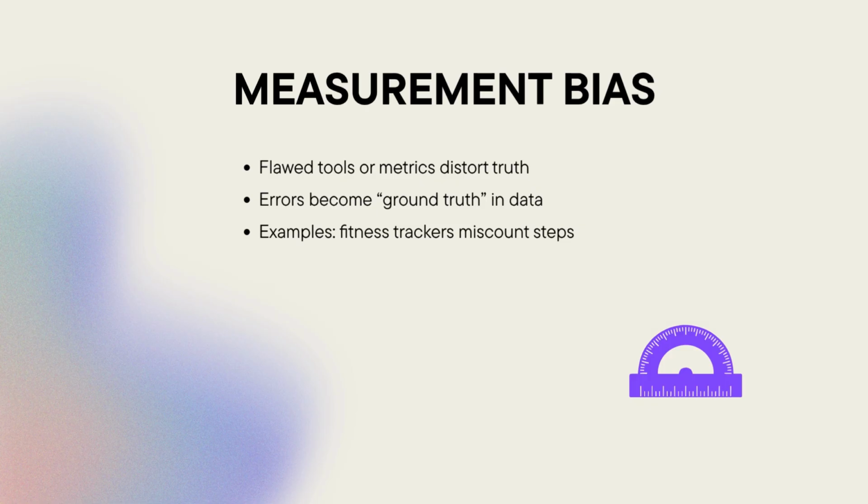The device was designed for a typical walking pattern, so its measurements fail for anyone outside that norm. When such biased data is used to train a model, the errors get treated as if they were truth. The result is unfair outcomes that appear objective. Fair AI requires questioning not just the data itself, but also how that data was measured.